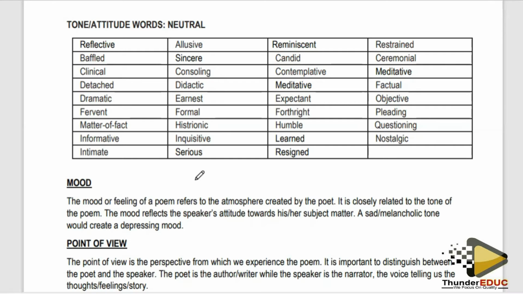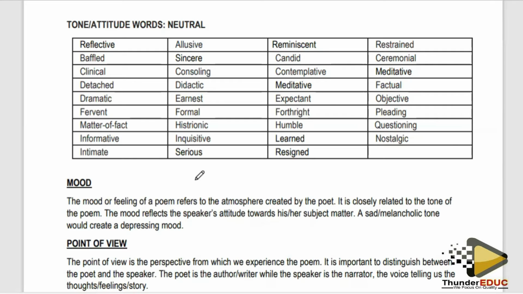There is mourning in a place of a funeral. But when you're at a party, that's a joyful mood, a happy mood, a celebratory mood. So when you are reading the poem, try and find the environment, try and find what is happening so that you can have the mood coming out.